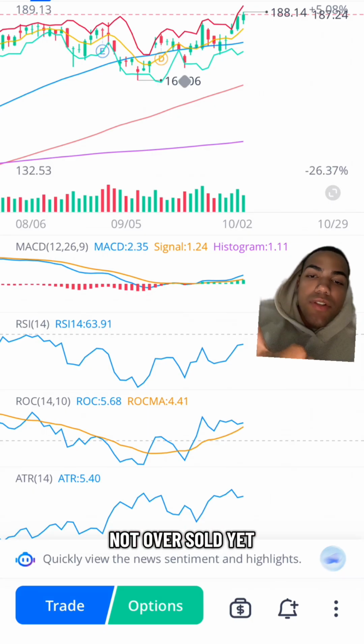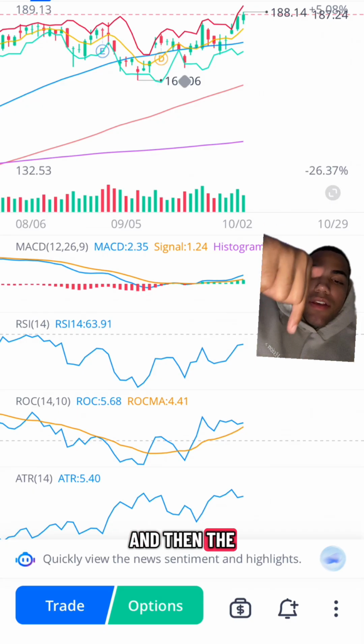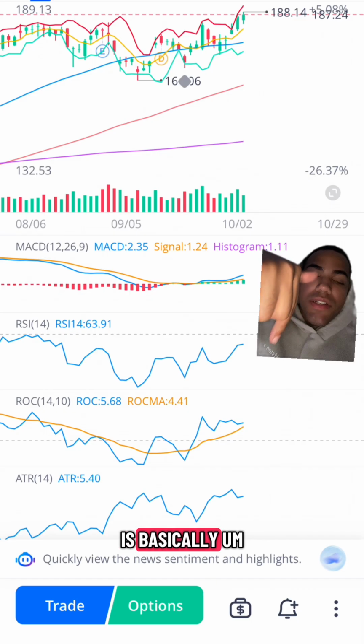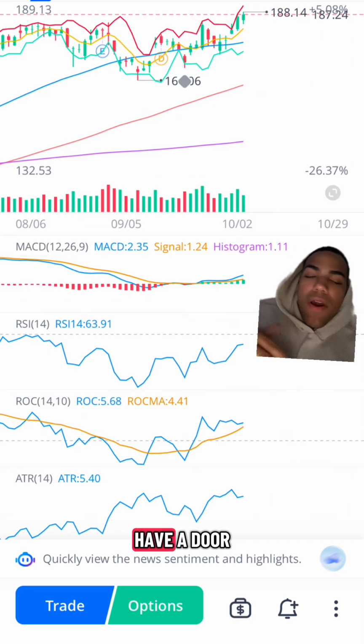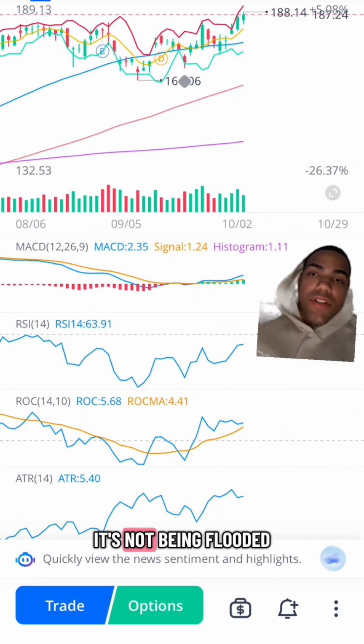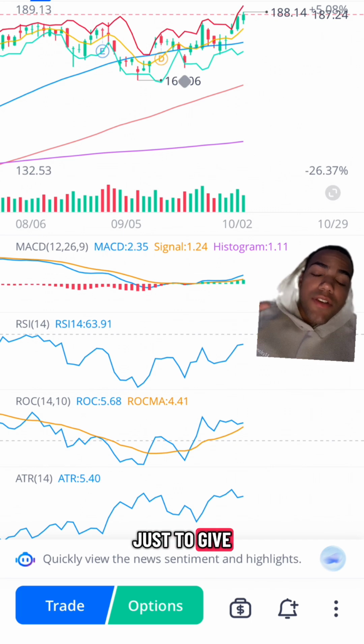RSI, not overbought yet. It's at 63. Overbought is at 70. And then the rate of change is like you have a door open, right? If the door is getting flooded open, rate of change is very high. If the door is open but it's not being flooded, if anything, people are leaving, then the rate of change would be low, just to give you perspective.